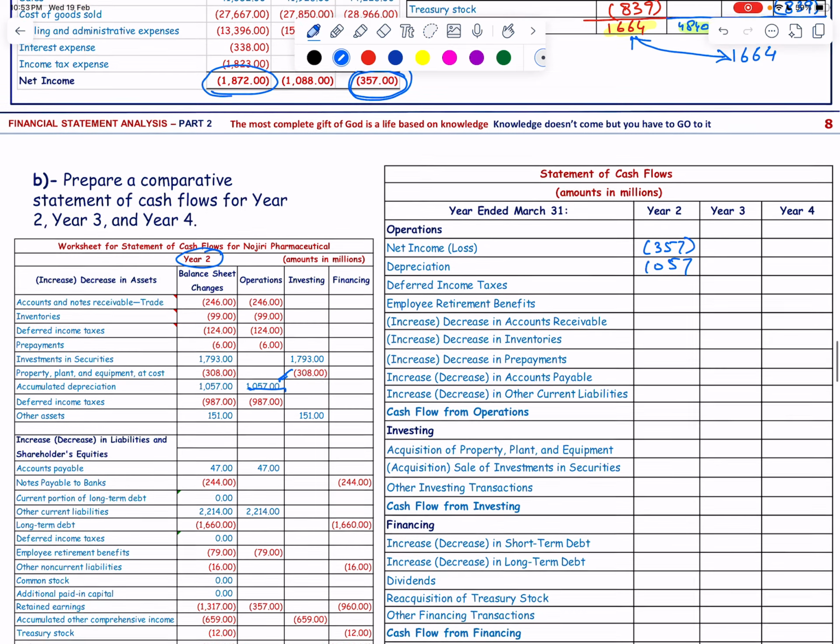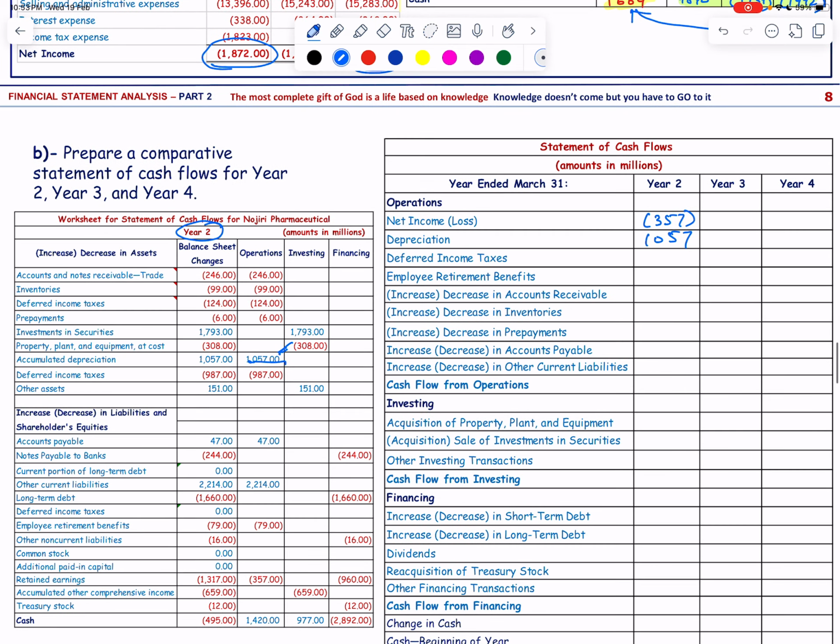If you look over here, we have the deferred income taxes of negative 124, and we have the deferred income taxes over here as well, 987. So we add up the two together, and this will be negative 1111. Looking at the employee retirement, it is 79.